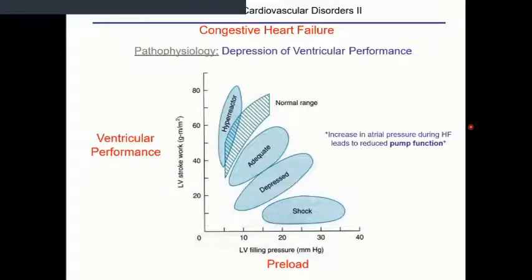There is now growing appreciation for the limitations of classifications based on ejection fraction. The threshold for systolic dysfunction is arbitrary, and it is now clear that patients with heart failure with preserved ejection fraction may suffer similar morbidity and mortality.